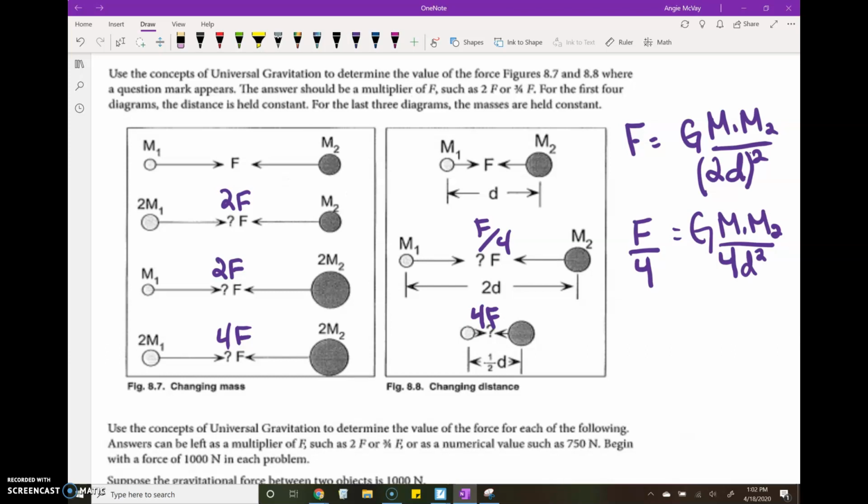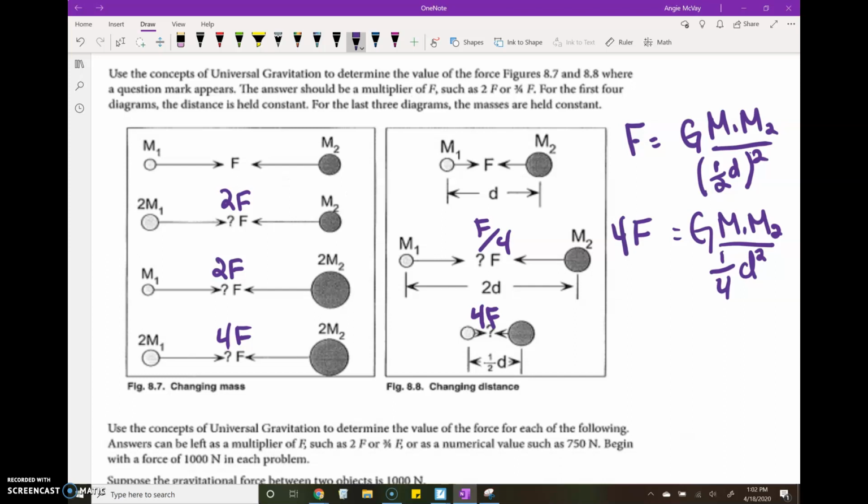Similarly, if you halved the distance, right, half is squared, so that turns into 1/4. Okay, and what's 1/4 in a denominator? Invert and multiply, that's 4 times the force.